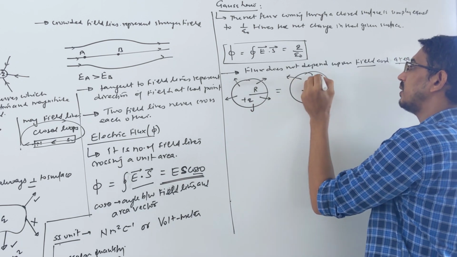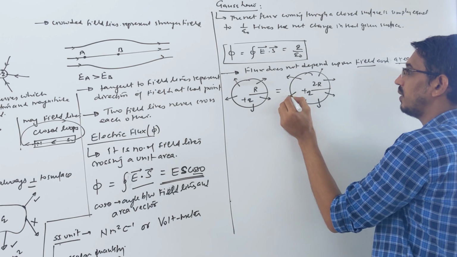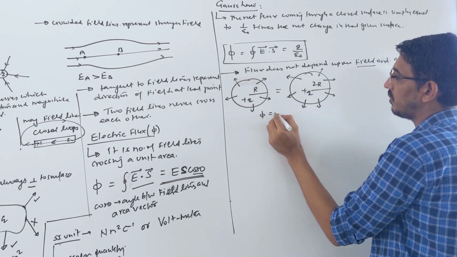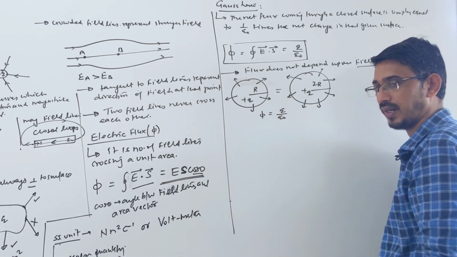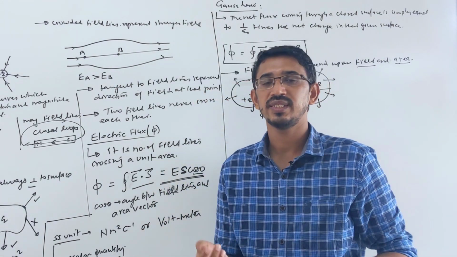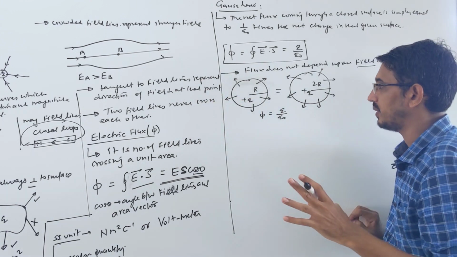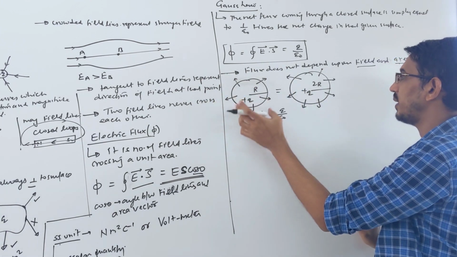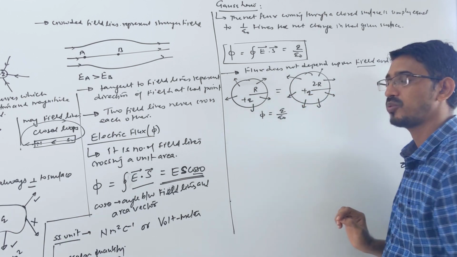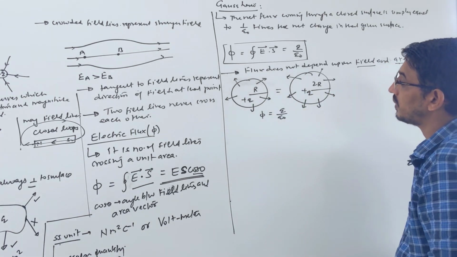So the flux in both cases is exactly equal to Q upon epsilon naught only. It does not depend on area or size of your surface. Small sphere, big sphere, same charge placed, plus Q, the flux coming out will be the same.